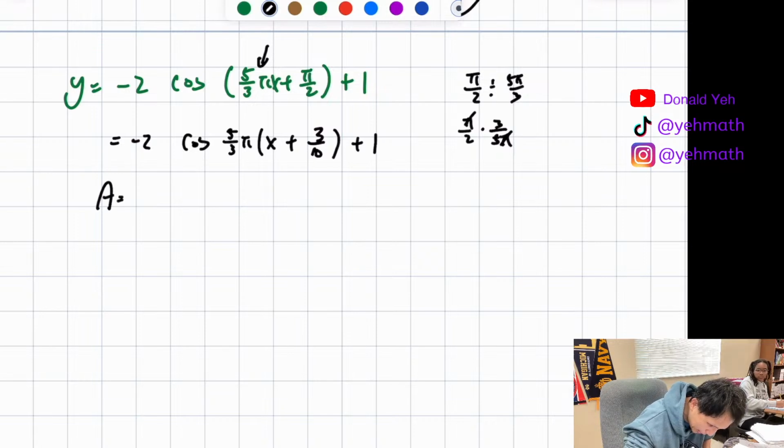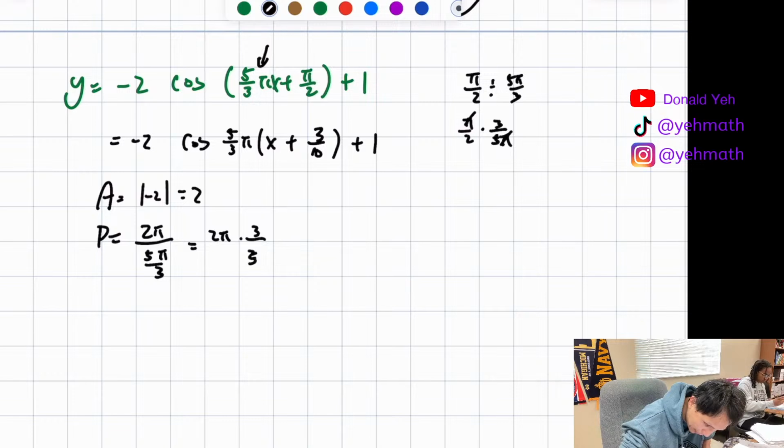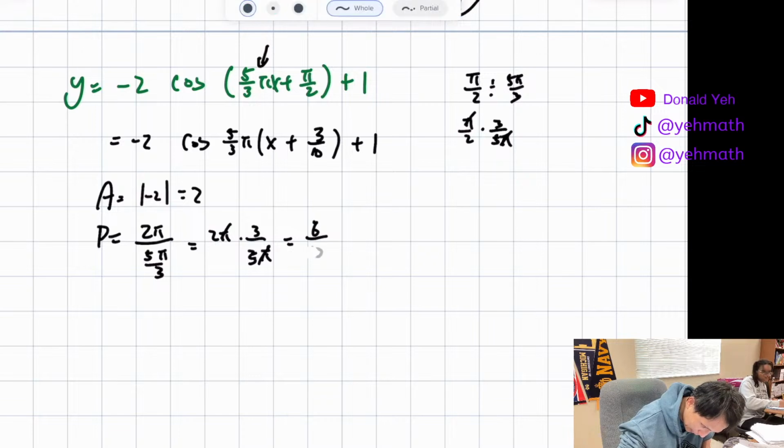Now, A equals the absolute value of -2, that's equal to 2. Period is going to be 2 pi over 5 pi over 3. So 2 pi times 3 over 5 pi. Pi cancels. So that's going to be 6 over 10, right? 6 over 5, I can multiply.